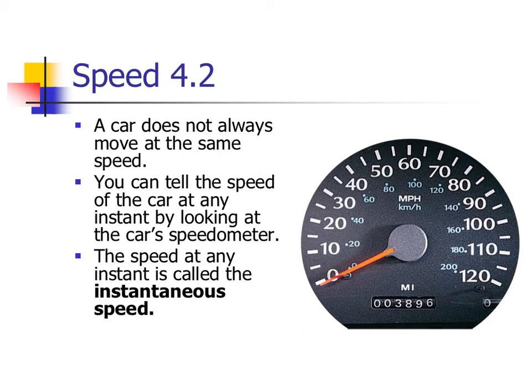You can tell that the speed, for the most part, your speedometer is pretty close to instantaneous speed, but does have a slight lag as well with it, but not much. So it is pretty close to as instantaneous speed as we can get in a real world situation.